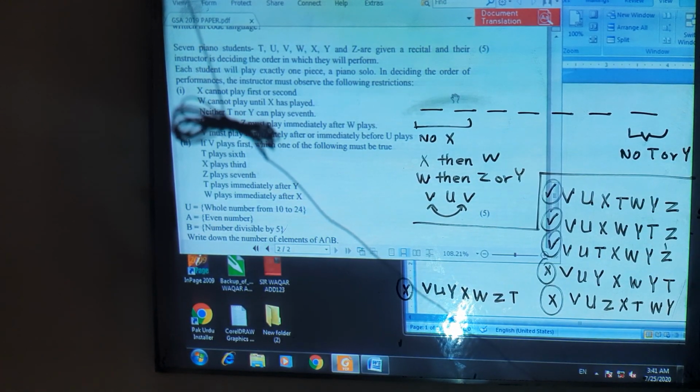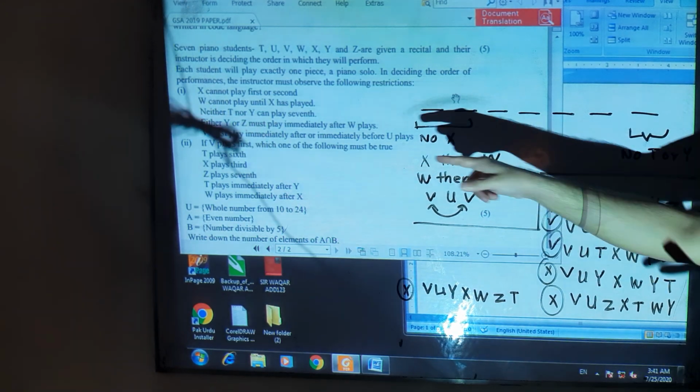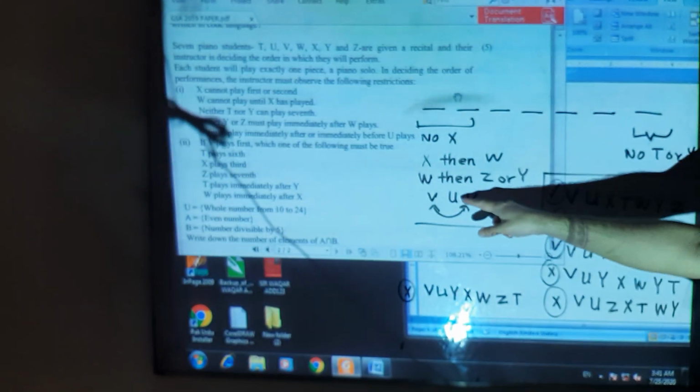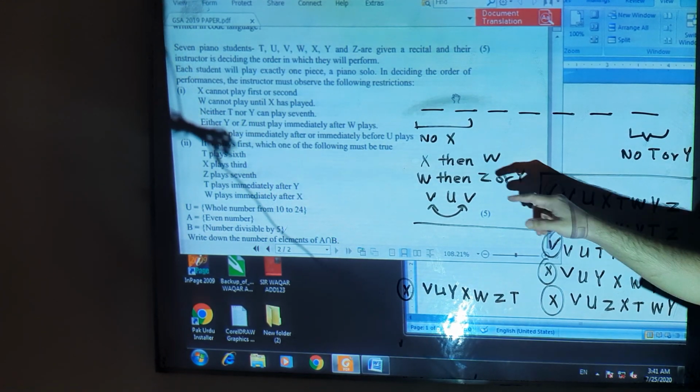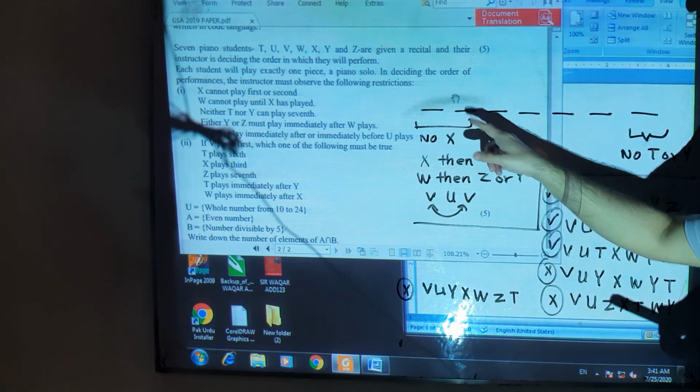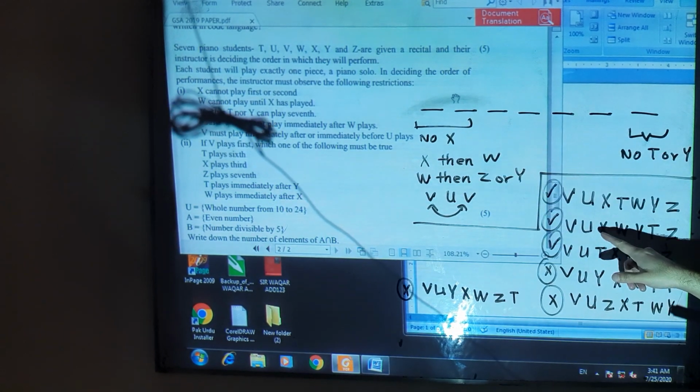What about the second one? V, that is to be played first, then U. Okay. Then X cannot be at first or second, so X can be at 3rd place.